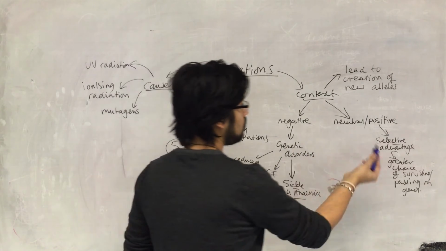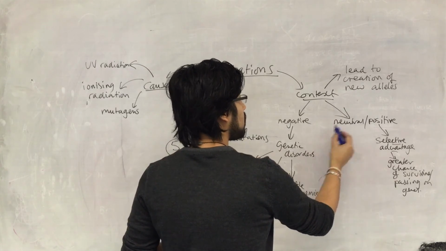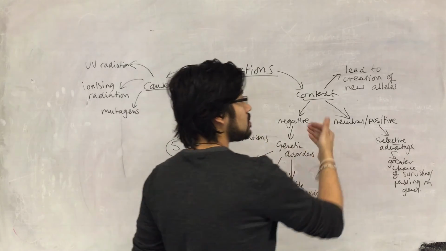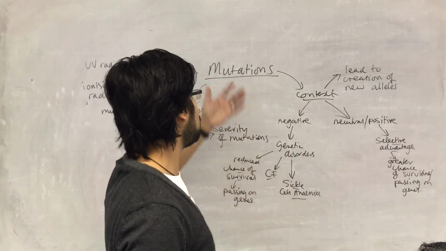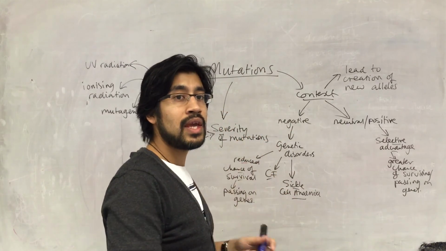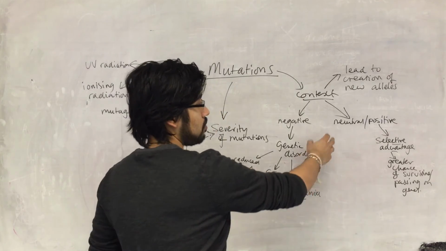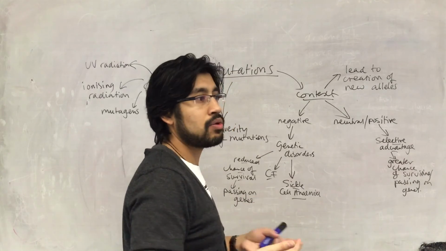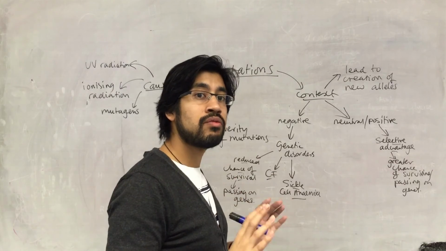So, for example, we could have bears. Say all the bears are brown in the forest, but some bears, or one bear, or just a few, mutate. They mutate, and now they don't have brown fur, they have white fur. Now this could be seen as a neutral mutation because it might not have any effect on the survival chances of the bear.